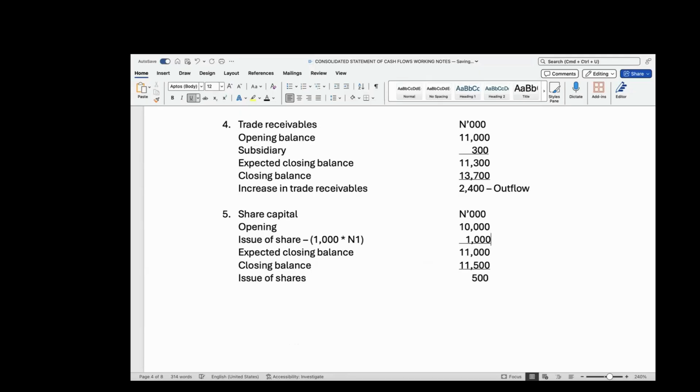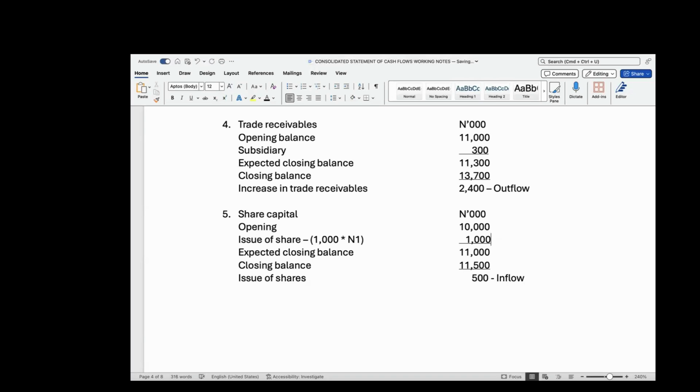You can just identify a movement, and that means it's an inflow. No, can this be an inflow? It's an outflow, sir, because with issue of shares you also send money out.